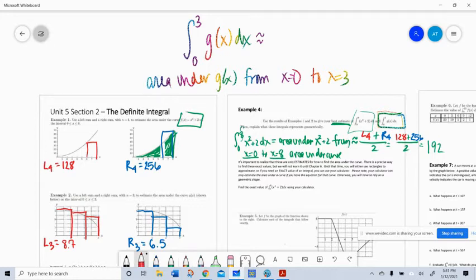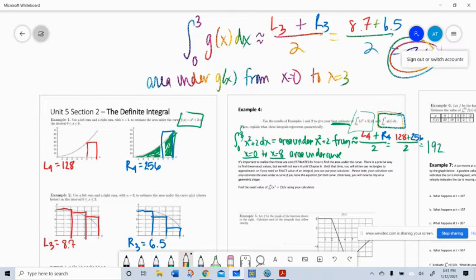I'm going to say that that is approximately equal to L3 plus R3 divided by 2. L3 being 8.7, R3 being 6.5. And so that integral is going to take on the value 7.6. Now remember, this is approximate. It's not exactly 7.6. It's approximately 7.6.